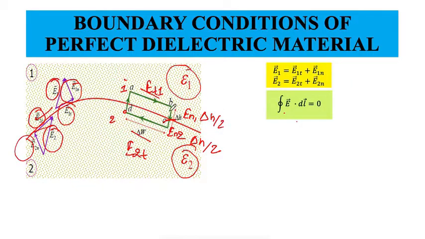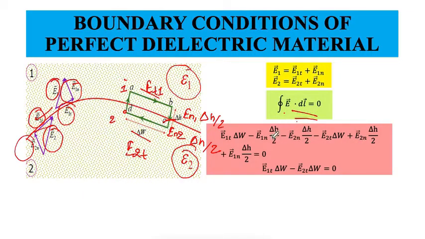So if I apply this line integral expression to this path, the normal components on the two sides cancel, and I am left with E1 tangential minus E2 tangential, both multiplied by the width, equal to 0. The terms that contain delta h are the normal electric field, and this is the tangential electric field.